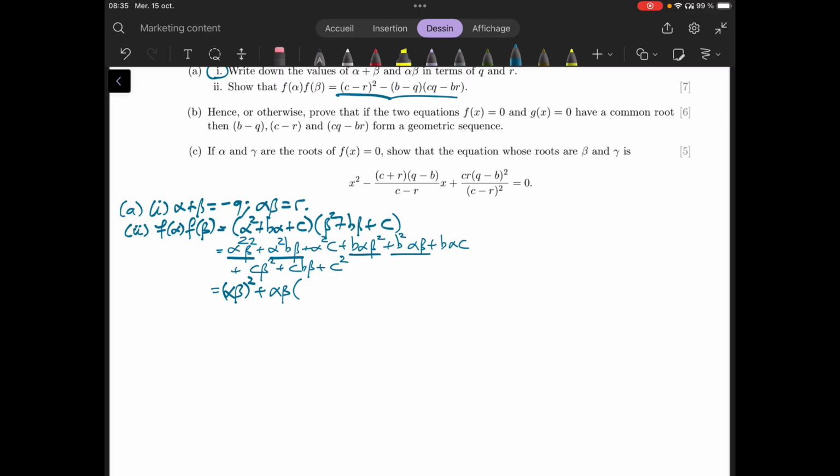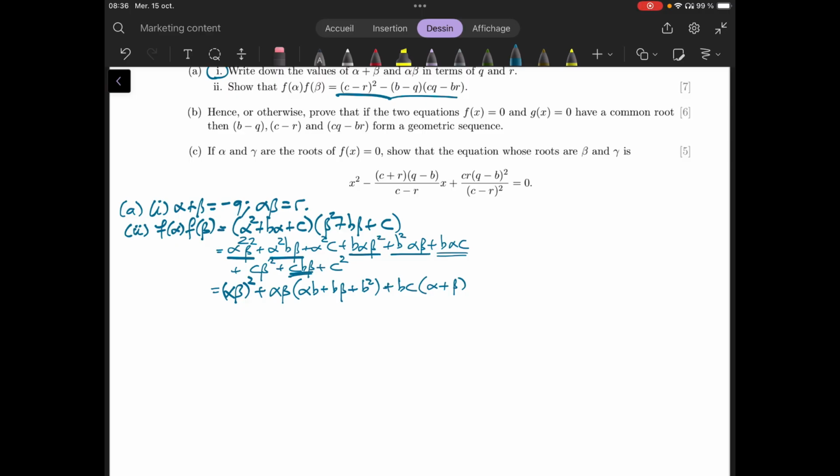So I'm gonna factor the alpha beta out. What can we do with the remaining terms? I'm gonna group those two together because we can factor the bc out and we are left with alpha plus beta.